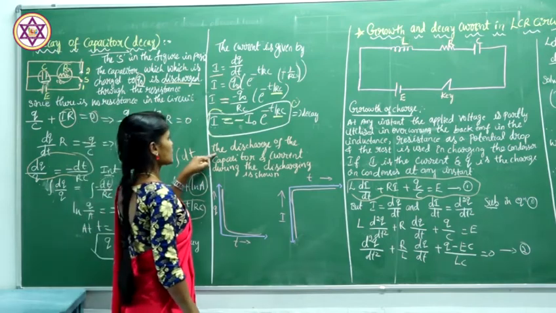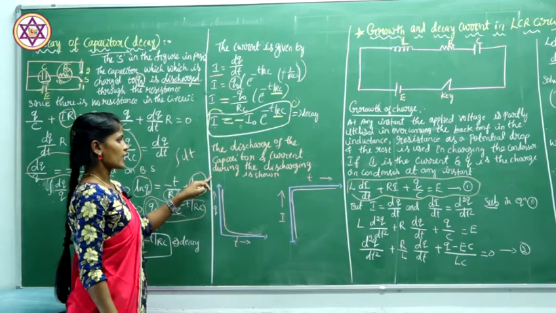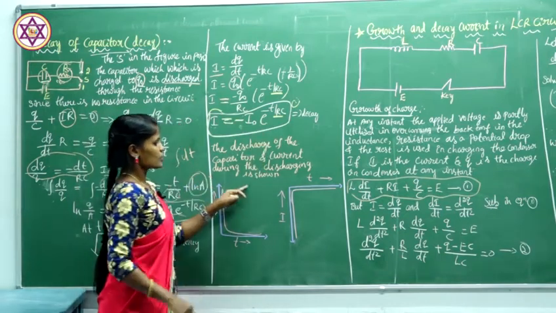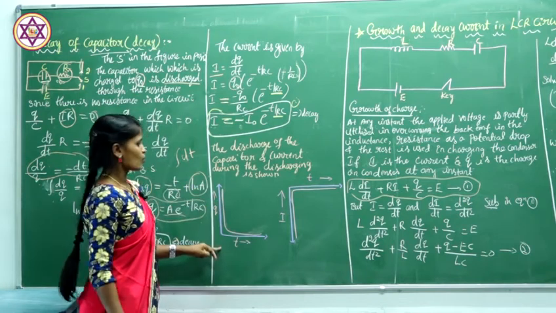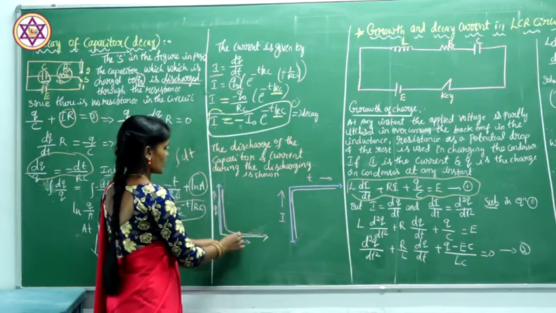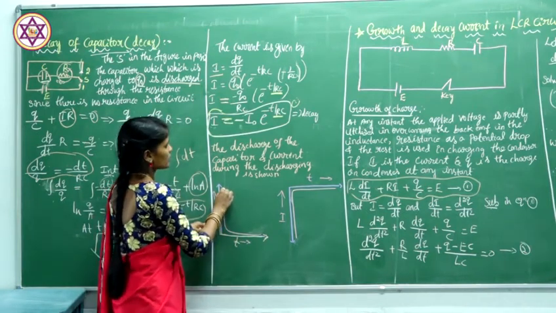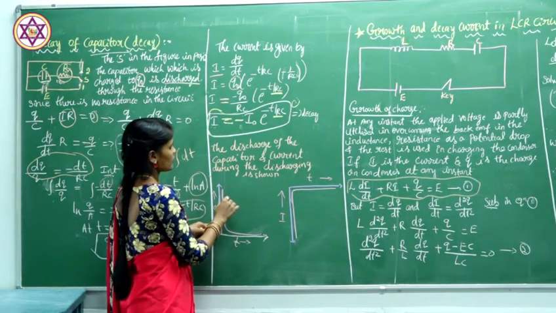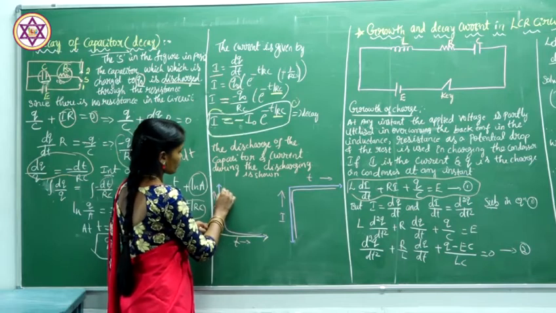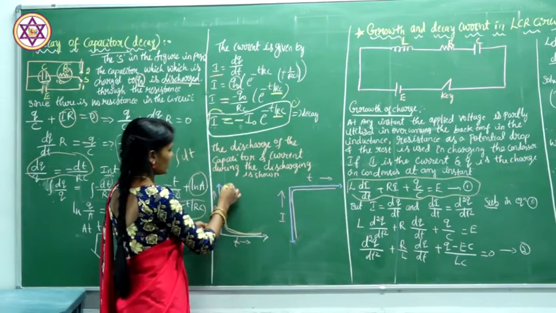So the discharge of the capacitor and the current during the discharging are shown in the graph. Here we can see time versus charge. During the discharge of the capacitor, the current gradually decreases.